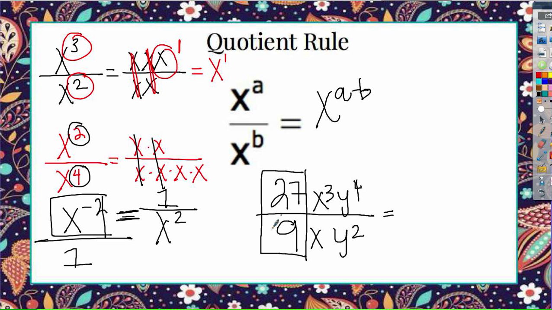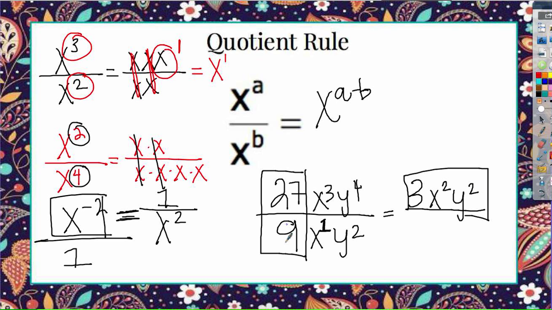I'm actually doing 27 over 9, which divides out to give me 3. Then with the understood one here, got to watch out for that as well. I'm going to do x cubed over x to the first gives me x to the second when I subtract. Y to the fourth over y to the second gives me y to the second when I subtract. And then that would be our final answer.